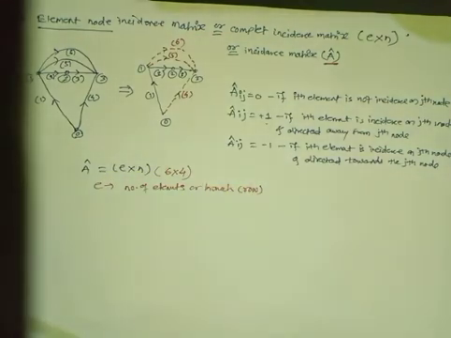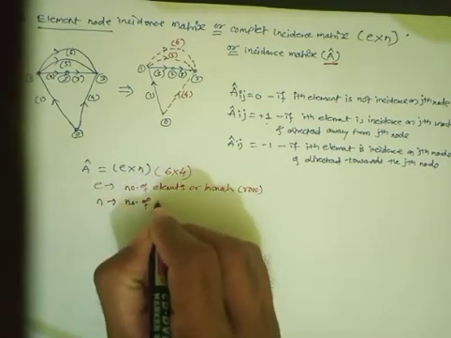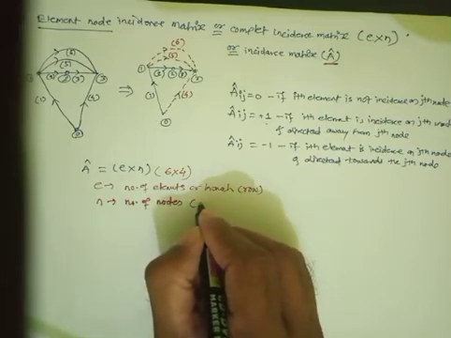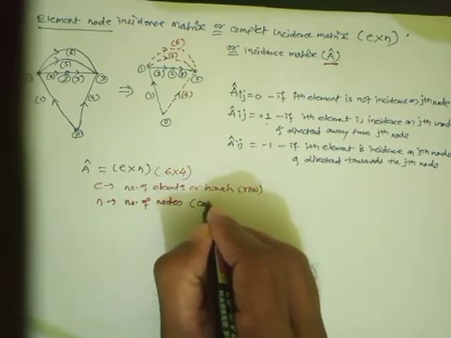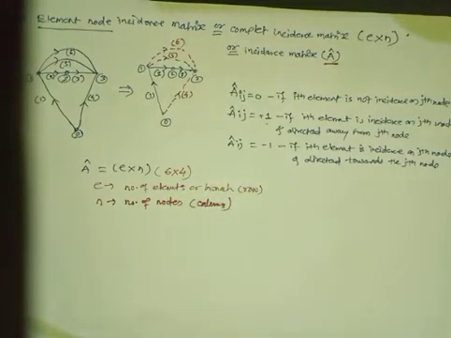And this n means the number of nodes, or buses you can say. It will be the number of columns.